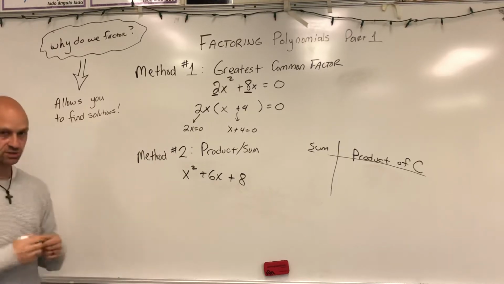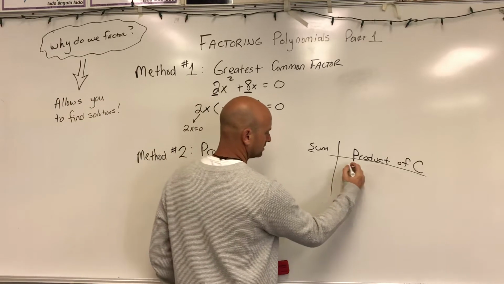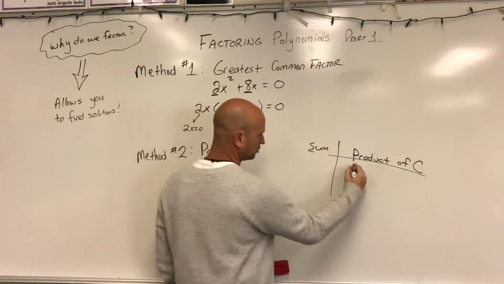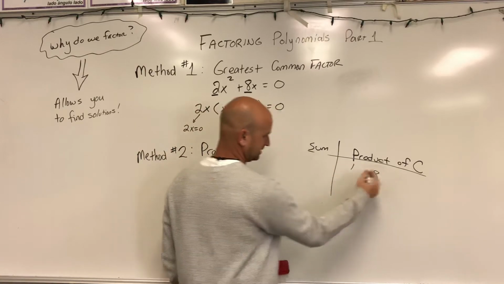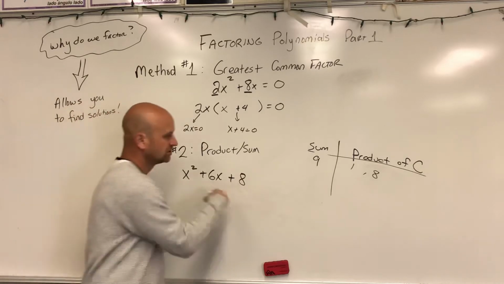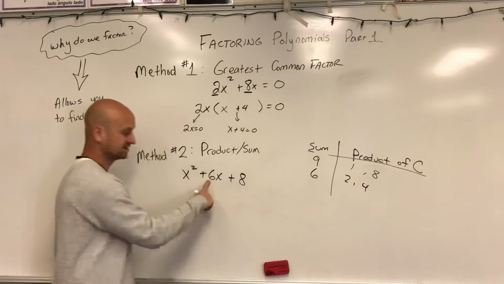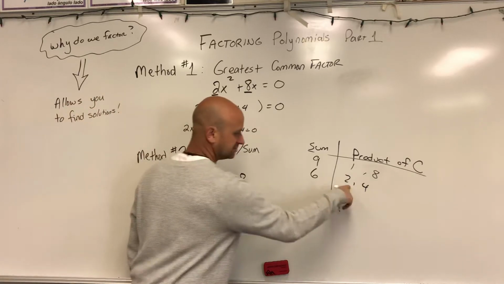All right, so let's first list the factors of 8. Well, the factors of 8 are going to be 1 and 8. And when we add those up, that would give us 9, which is not what we need. The other factors would be 2 and 4, which gives us a sum of 6. So in this case, these would be the numbers we need.